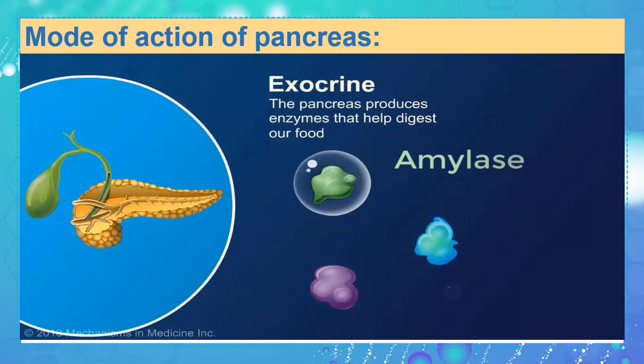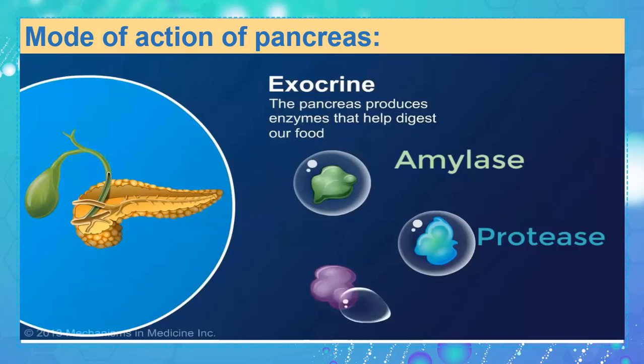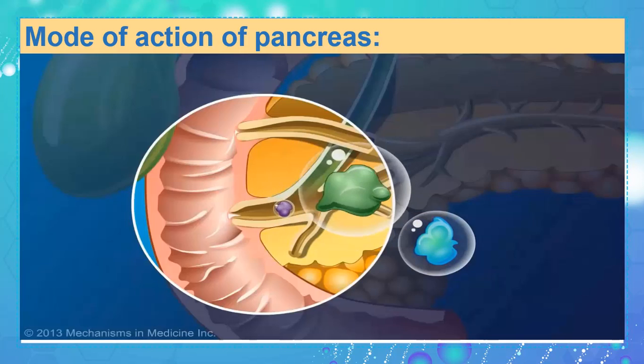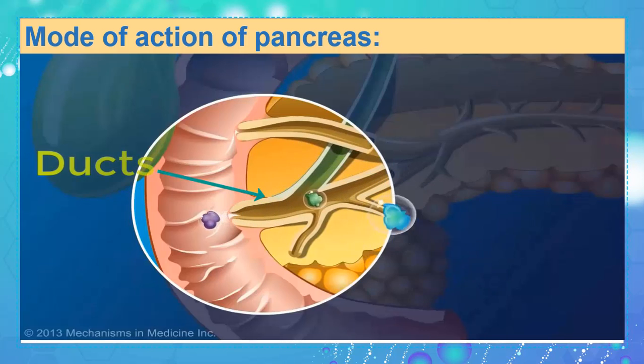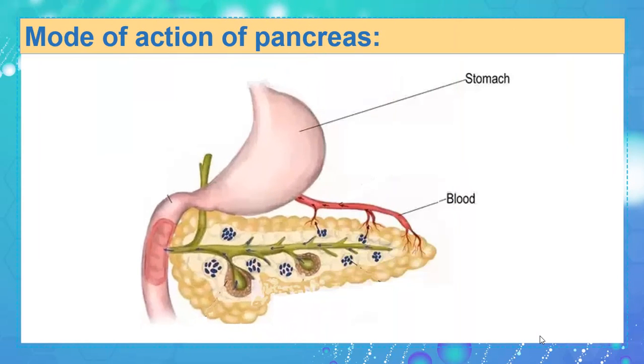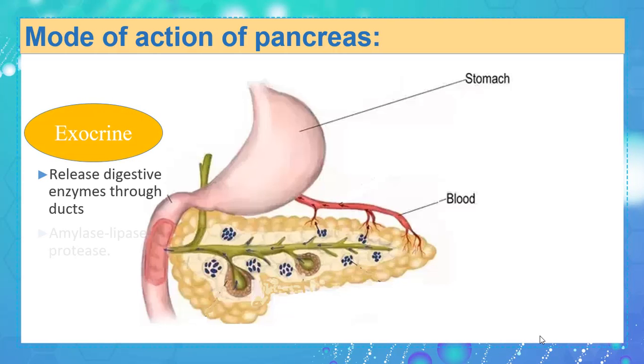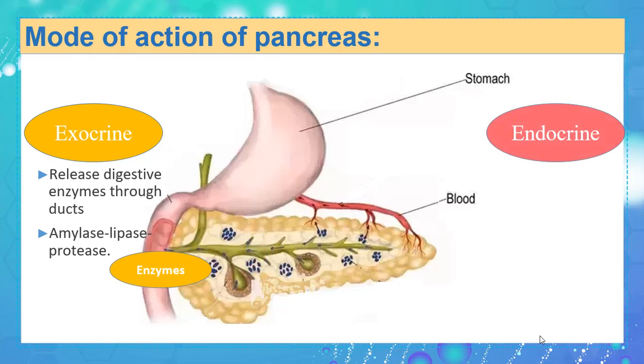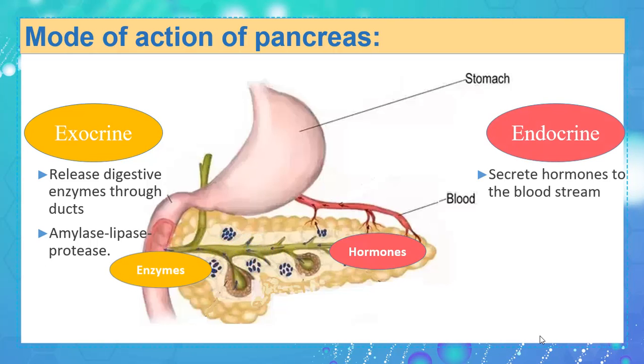It secretes enzymes such as amylase, protease, and lipase through small ducts found in the pancreas directly to the small intestine. Thus, the pancreas has two modes of action: exocrine, by releasing digestive enzymes through ducts such as amylase, lipase, and protease, and endocrine, by secreting hormones directly to the bloodstream.